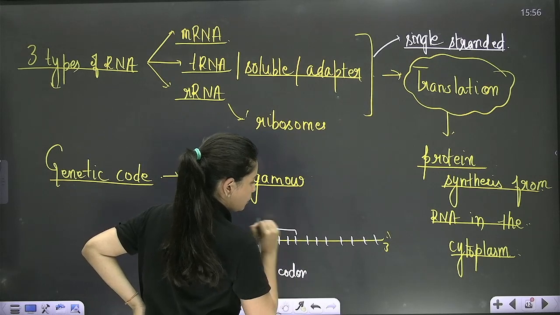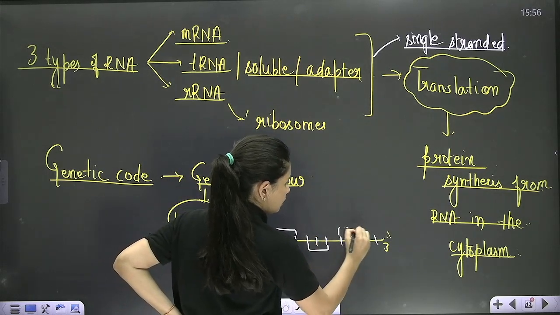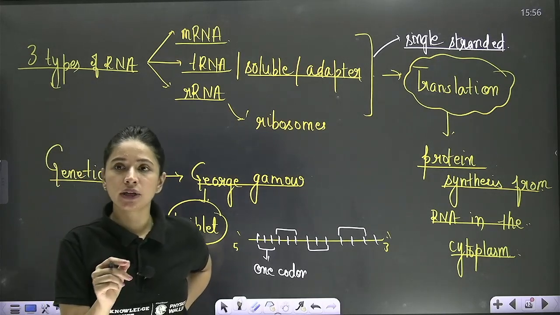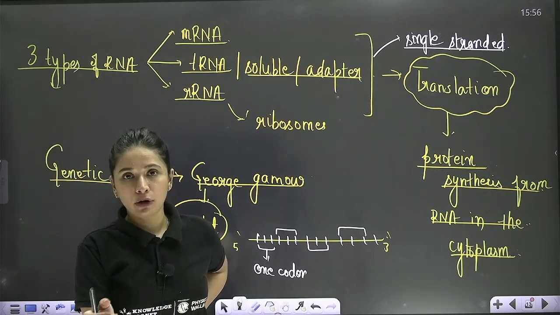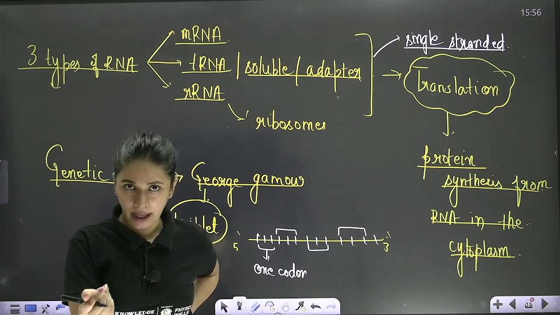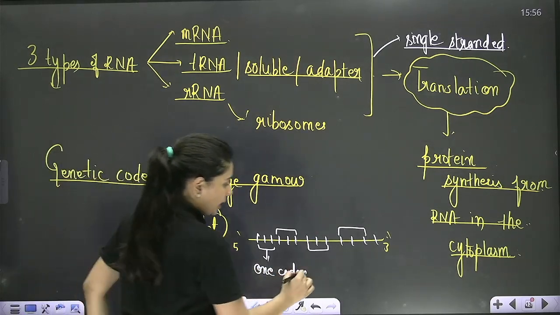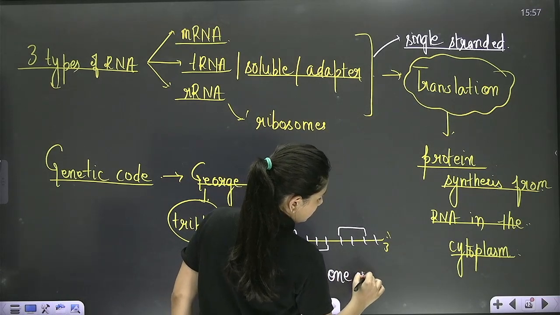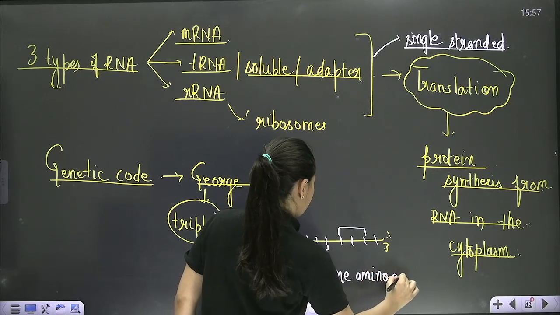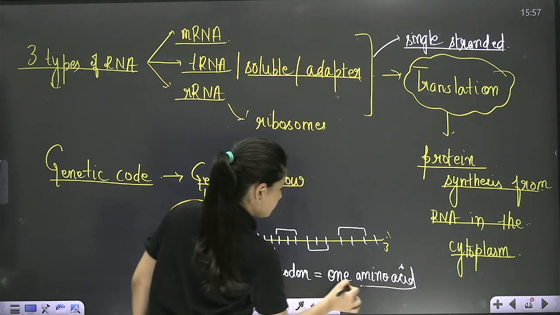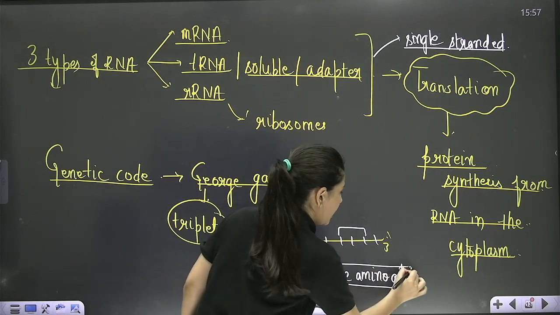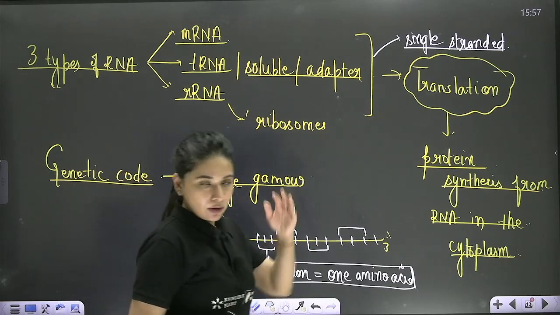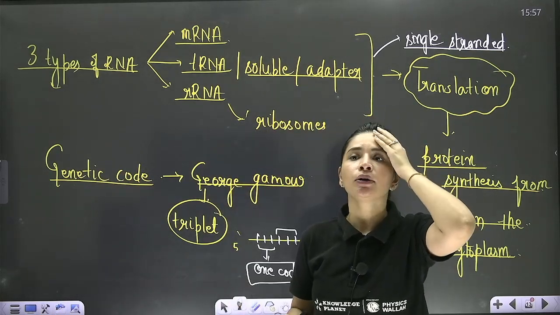This is another codon, this is the second codon, third, fourth codon, right? And they are non-overlapping. If one nucleotide has been utilized in making one codon, the same cannot be utilized for making the second codon. So these make codons, and according to him, one codon codes for one amino acid.